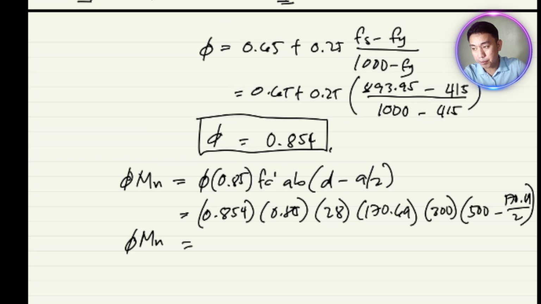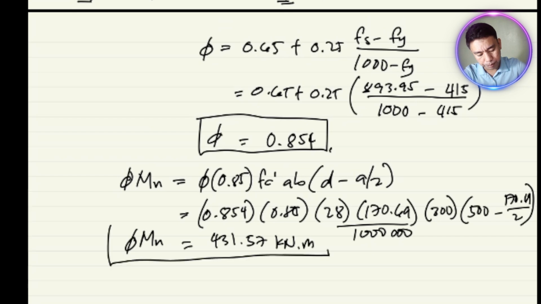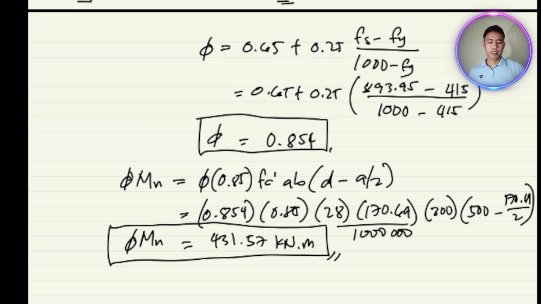VMN, ito yung hinahanap na MU. Is equal to, of course, we will divide this by 1 million. So this is 431.57 kilonewton meter. Yan yung final answer. Okay?